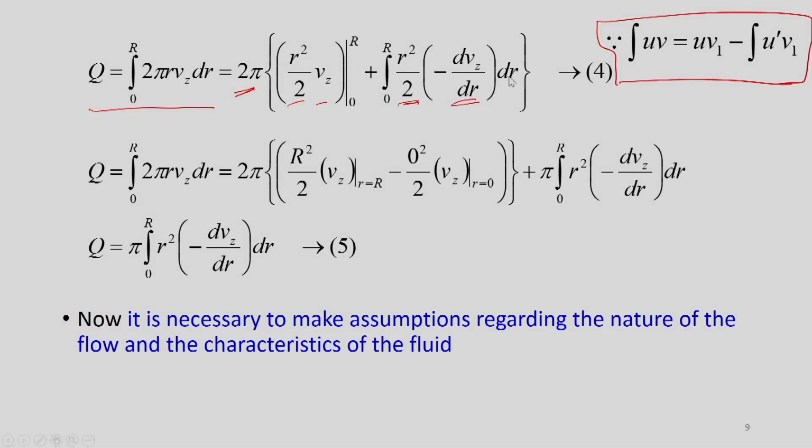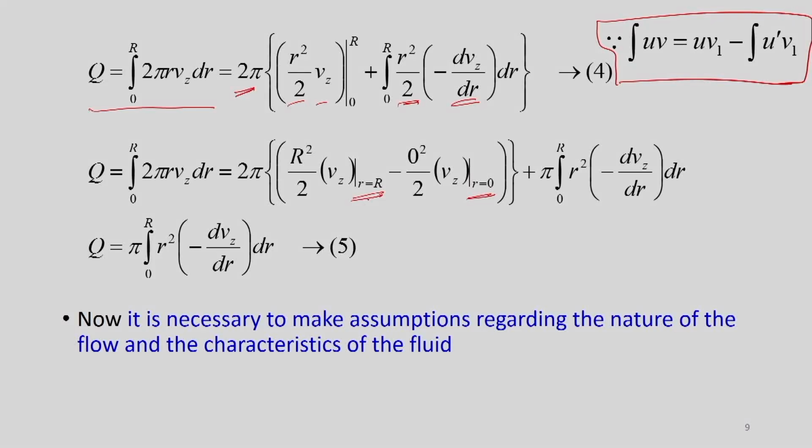Now apply the limits 0 and R in the first term on the right hand side of the equation. Then we get 2 pi R square by 2 Vz at r equals R, minus 0 square by 2 Vz at r equals 0.